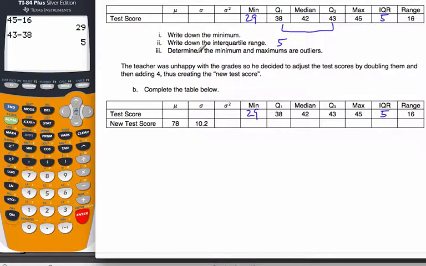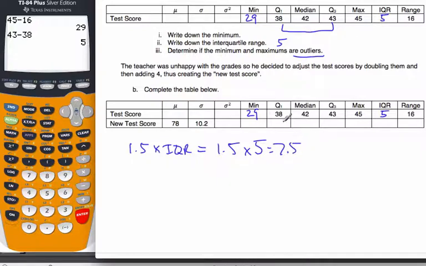That says determine if the minimum and maximum are outliers. This is a new topic for the 2014 syllabus. And so to find if it's an outlier, I need to go 1.5 times the IQR. And it's always 1.5, and that just is a fact you have to know. So if I go 1.5 times my IQR, which is 5, I get 7.5.